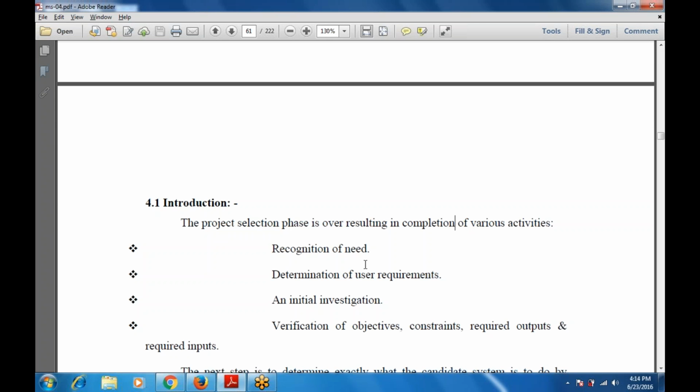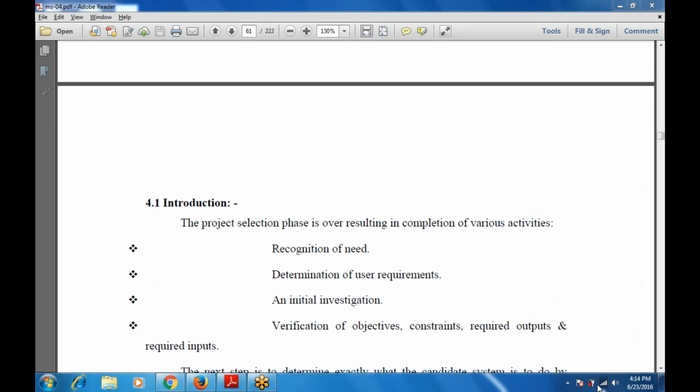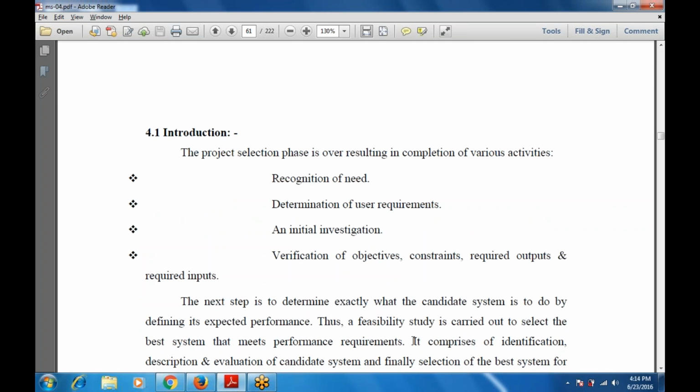After that comes the verification of the objectives, constraints, required outputs, and required inputs.